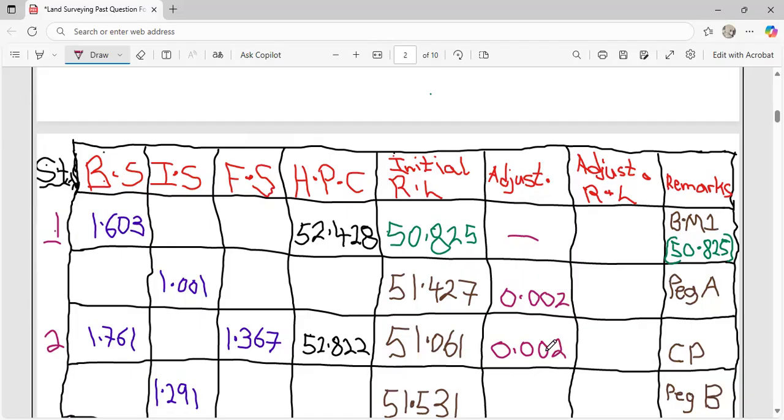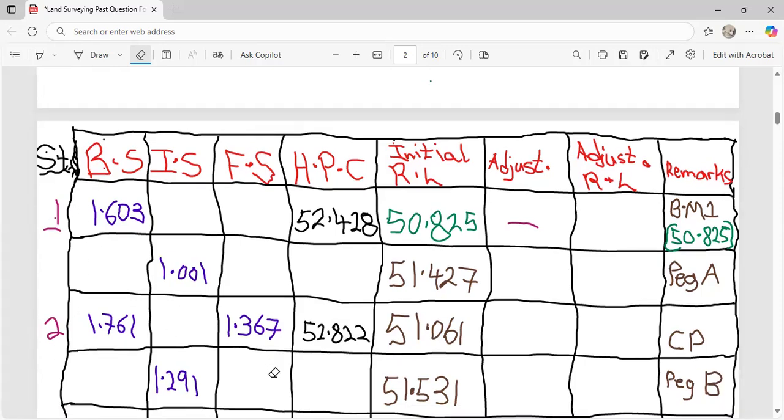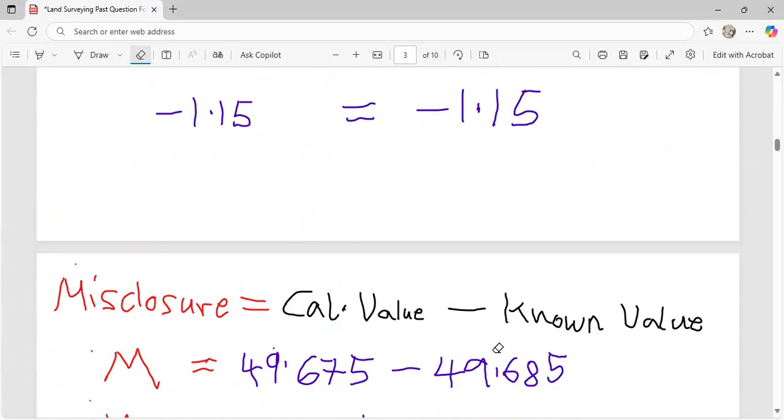Good. I told you from previous lectures that the reason why I'm writing these values over here is that for your first instrument setup, you are supposed to use the one you are seeing over there to multiply the adjustment so that you can use that to fill in the column.